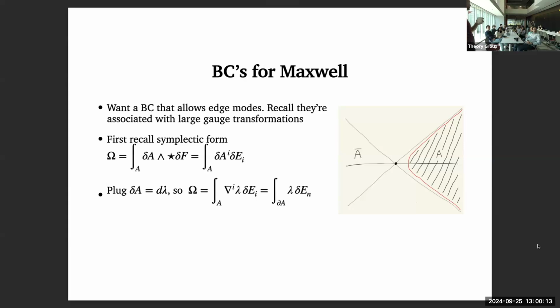So when your gauge transformation is not supported on the boundary, that's always 0. But if it is supported on the boundary, then it has hope of being symplectically non-trivial. So we would like a boundary condition that allows both non-zero boundary gauge parameter and non-zero electric flux through the boundary.